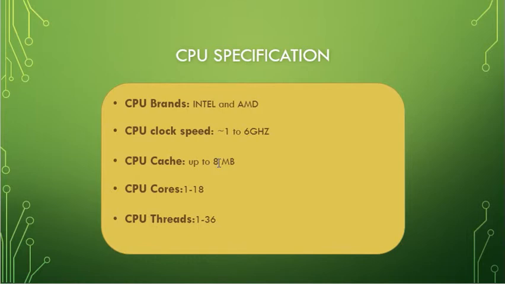And then we have 2 more concepts that we want to cover. One of them is CPU cores, and the other one is CPU threads. The simplified way to explain these 2 is to consider a store.